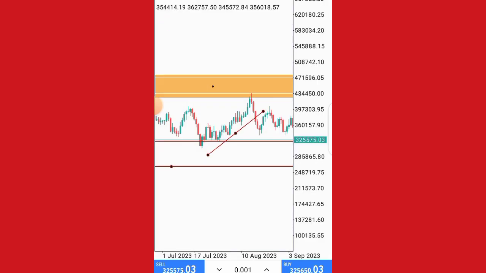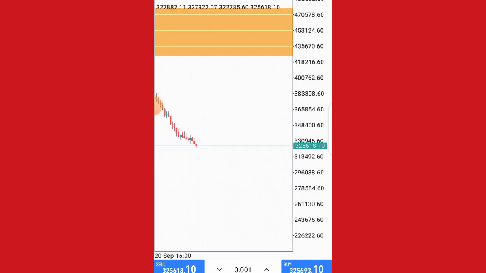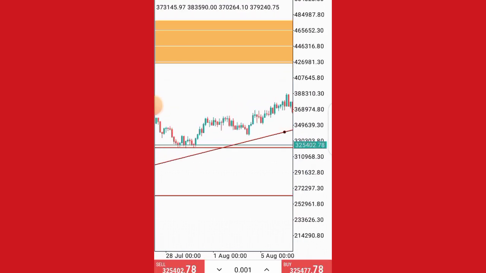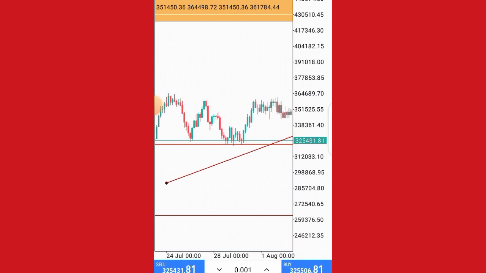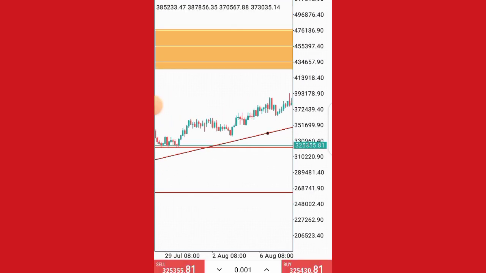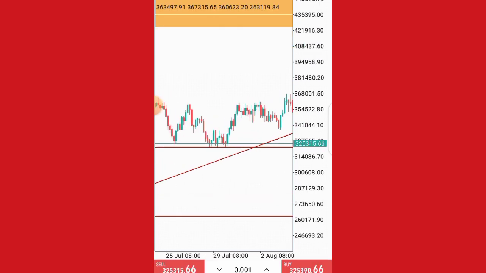Now let me switch to the 4-hour time frame and we will all see something. Look at how price was moving to the upper side. There's always an impulsive move and then a correction move. Look at this correction move down here.